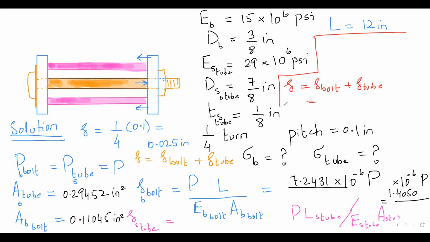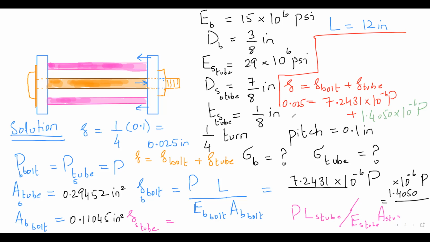So delta is 0.025 equal to 7.2431, one of the students told me, into 10 power minus 6 P, plus, I will use a different color for the tube, that is, one of the students told me, 1.4050 into 10 power minus 6 P. So now I have one equation, one unknown.